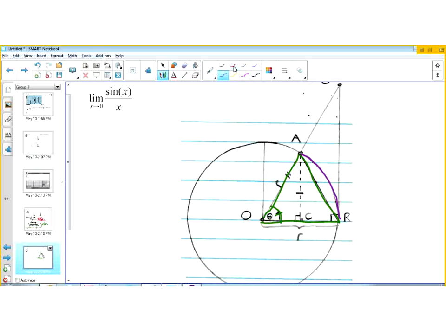All right, and then finally what I'm going to do is draw a perpendicular line at the point of tangency R. So we have this perpendicular line, and it's going to go shooting way up. Then I'm going to extend line segment OA until it intersects the red line.